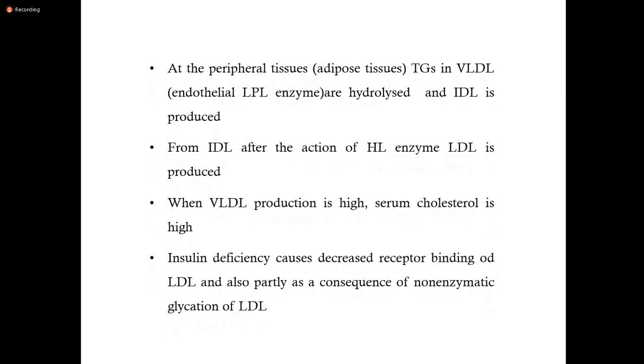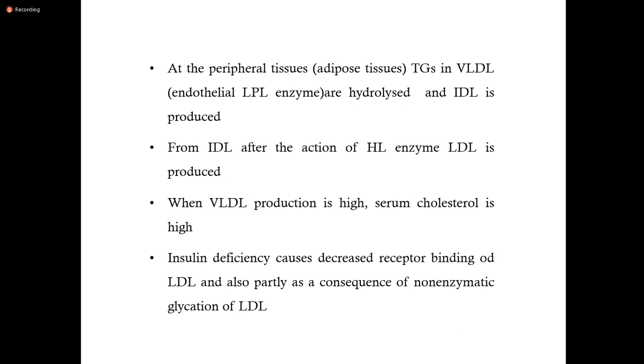So then what happens in the peripheral tissues? This VLDL produces intermediate density lipoprotein. I think you can remember, at the peripheral tissues, at the adipose tissues, by the lipoprotein lipase enzyme present in the capillary endothelium, triglyceride present in the VLDL is hydrolyzed into fatty acids and glycerol, and some of the triglyceride is removed.